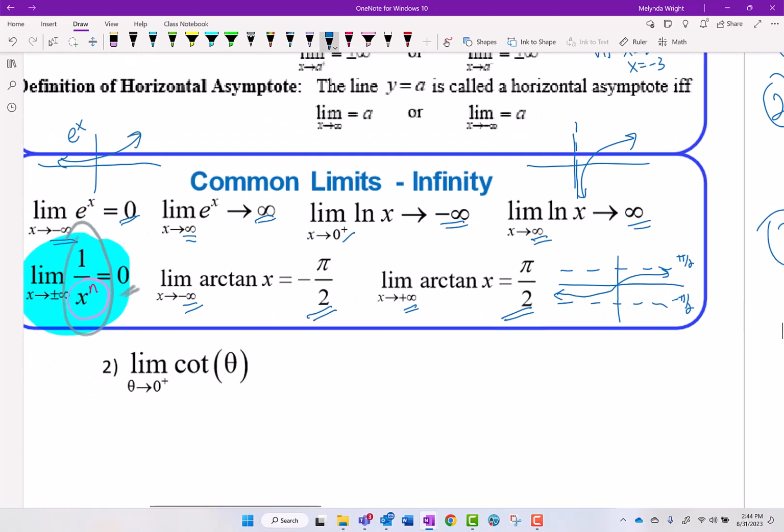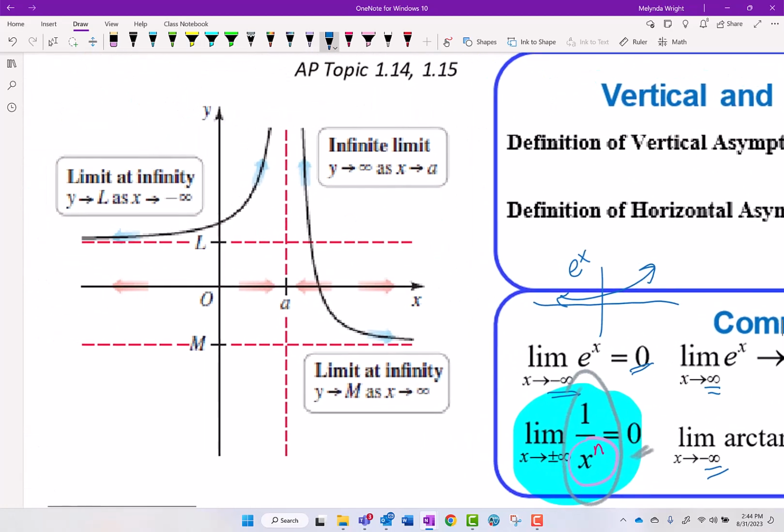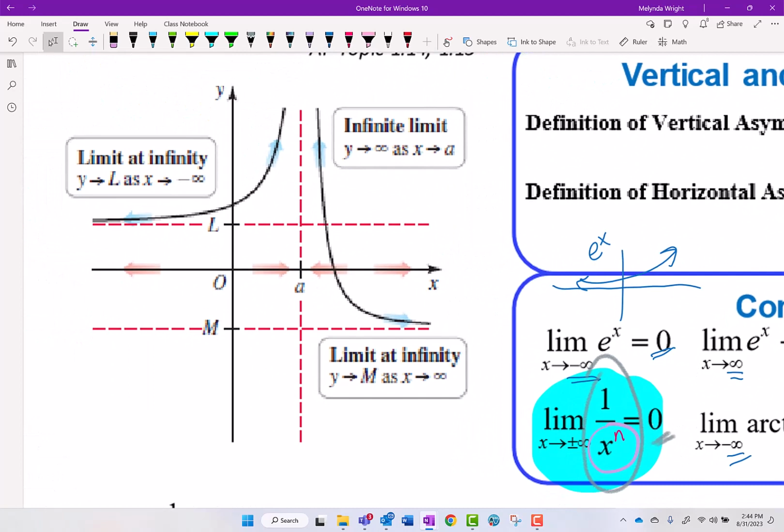Okay, bless you. So let's look at this. I'm very visual, so I love these pictures. It really helps me. So limits at infinity and infinite limits. Okay, we're looking at both kinds today. Limits at infinity, this is the number over zero business.